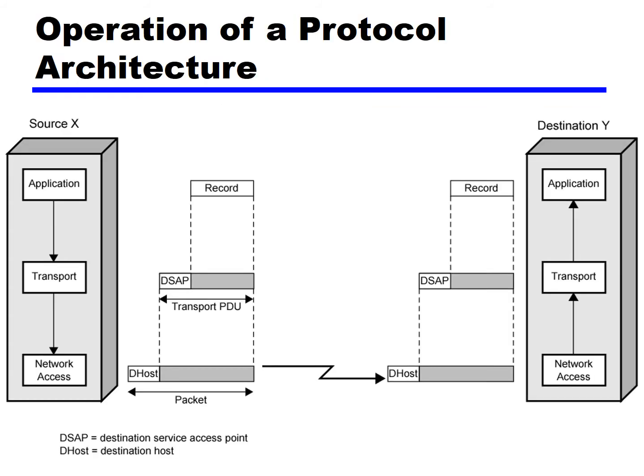Operation of protocol architectures: source X, destination Y. Source X contains applications, transport, and network access, and destination Y has applications, transport, and network access.